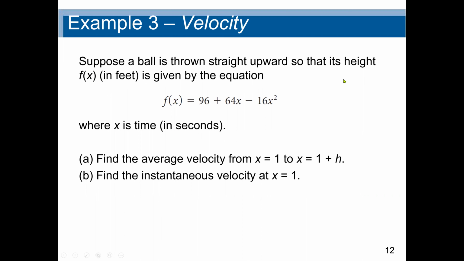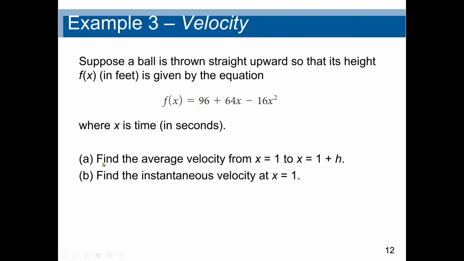Sorry, I said weight. The maximum height it reaches in the air before it starts to drop down is the equation given here. And x will represent the time it takes to reach that height.